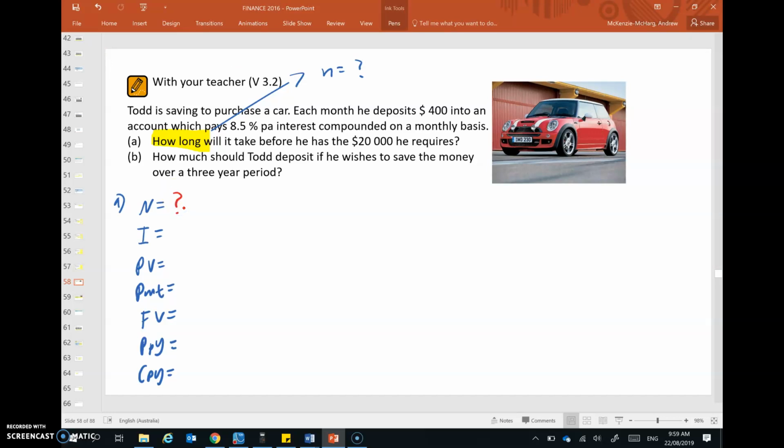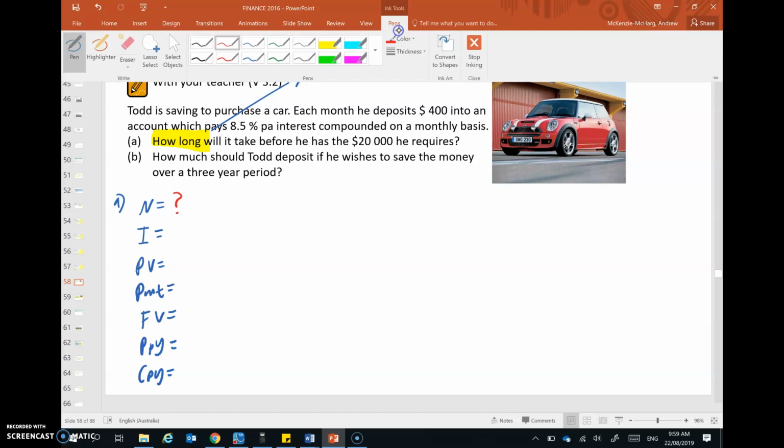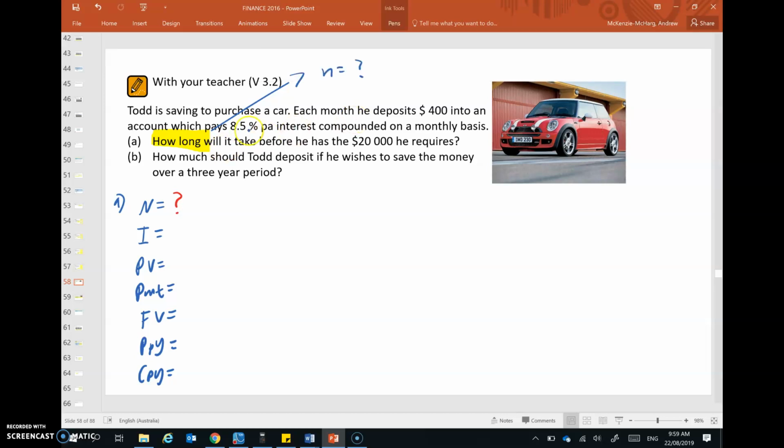We don't know that. The interest rate, 8.5% per annum. Now we don't adjust that here, we just put that in as a percentage and the calculator does the adjustment for us. Present value, well, Todd starts with nothing in his account, so 0, and he's making a regular payment, so this is where we put the payment.